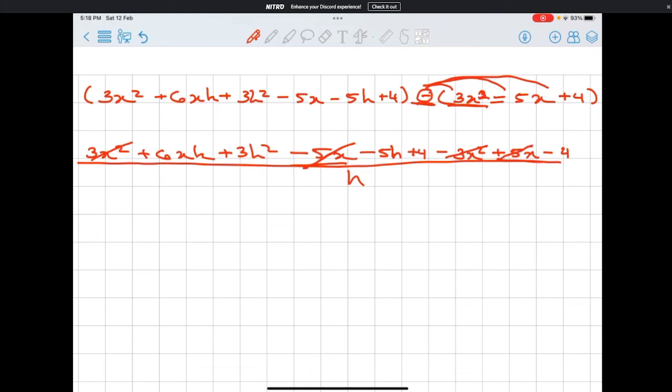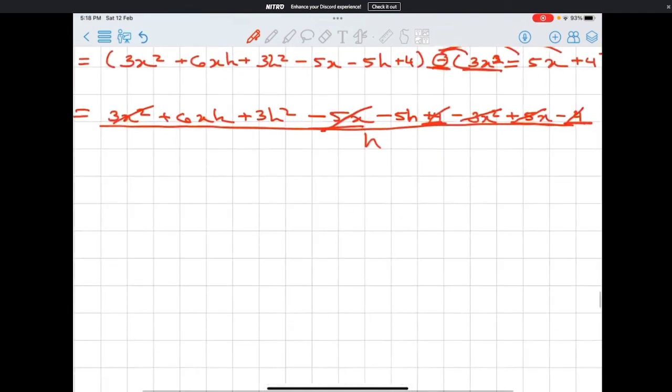And now there's one more. Negative 4 and positive 4, these can go as well. So now you're pretty much left with 6xh plus 3h squared minus 5h all over h.